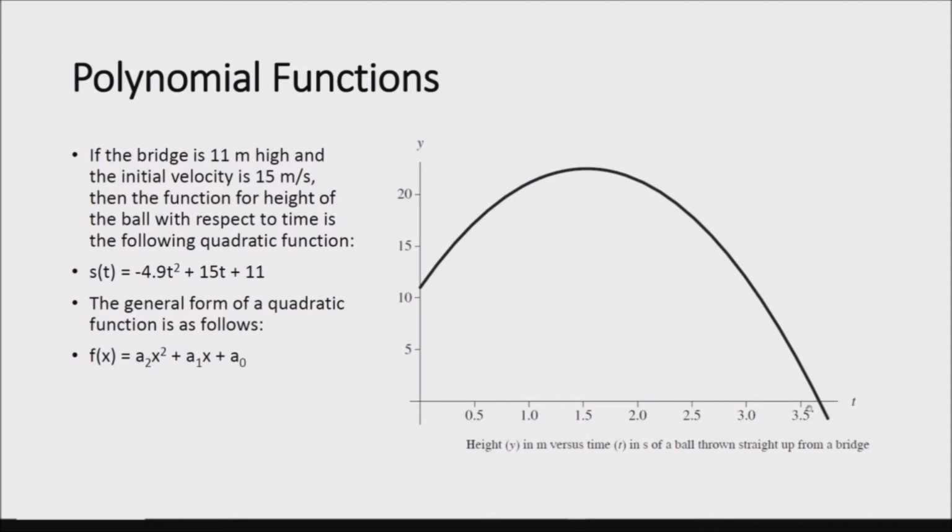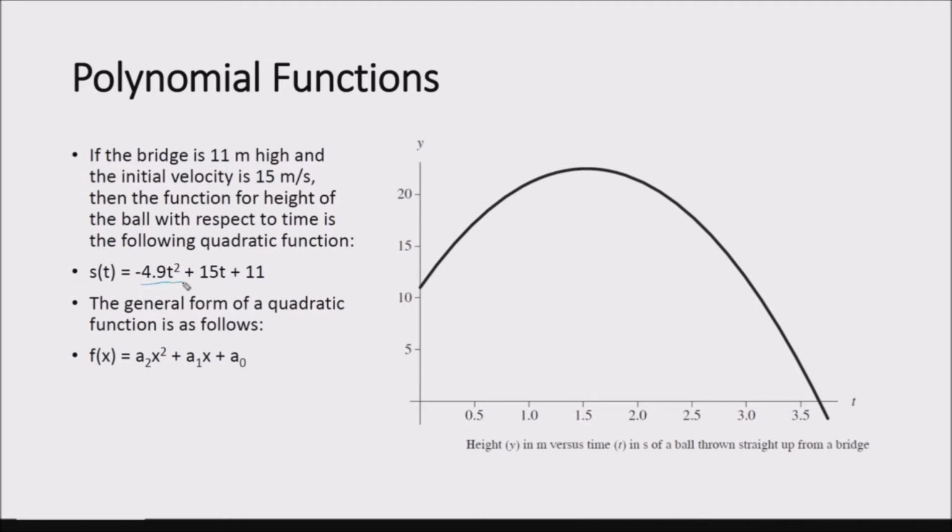When you mark down the height of our ball or the stone going up, you measure that from the sea level. That's why you're starting with 11 meters, and by the time, what the height is. So when you come up with a function for this, it gives you something like what is shown here.